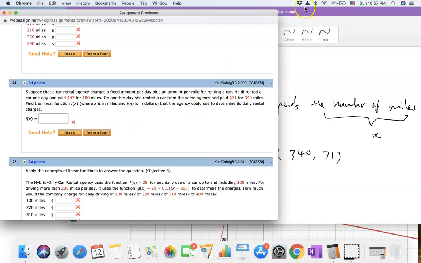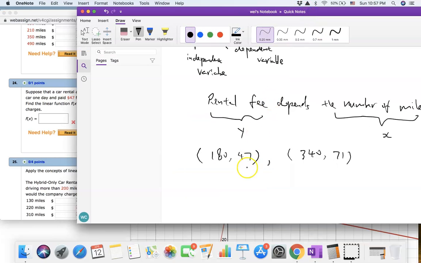To find the linear function, we first need to find the slope. So to find the slope, let this be (x1, y1) and this be (x2, y2).